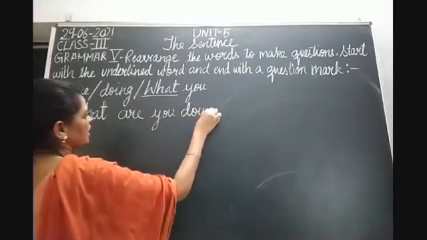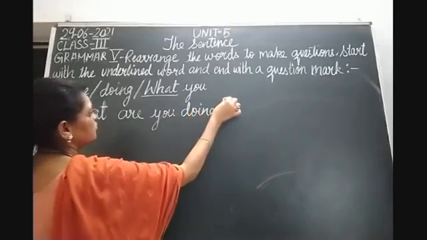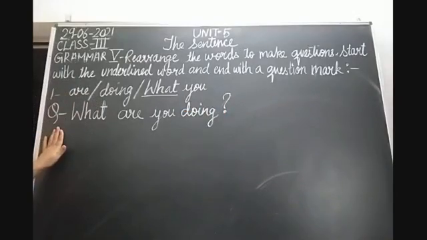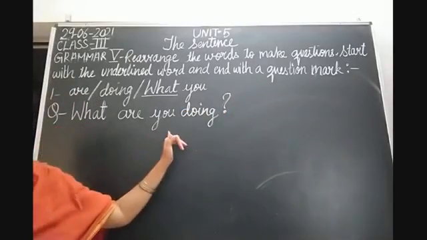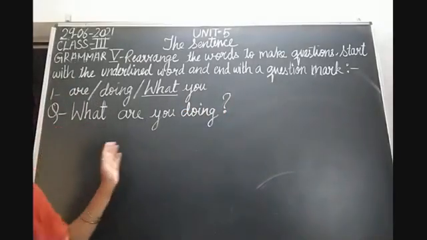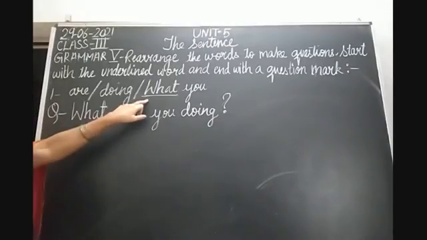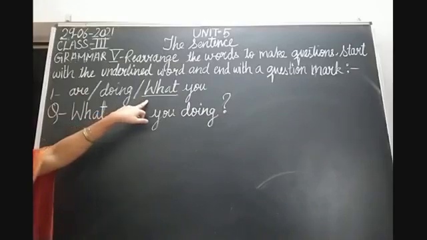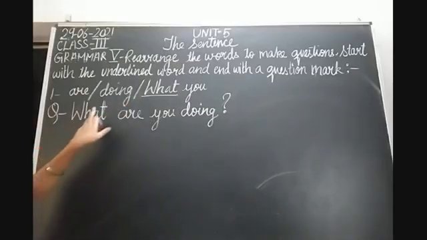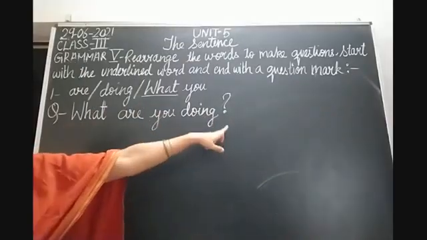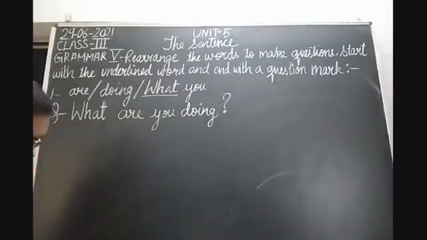And at the end, what are you supposed to put? You're supposed to put a question mark. So we have framed our question. What are you doing? I hope everyone has written this question. We need to start our question with the underlined word, so what, then the helping verb, you, doing, at the end question mark.